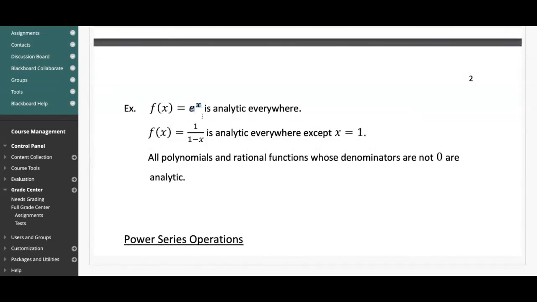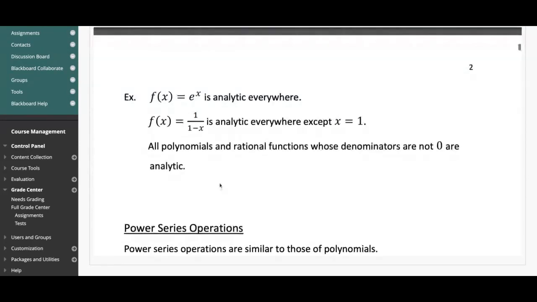e to the x is analytic everywhere. And 1 over 1 minus x is analytic everywhere except when x equals 1. All polynomials and rational functions whose denominators are not 0 are analytic, because rational functions with denominators that cannot be 0 are analytic.